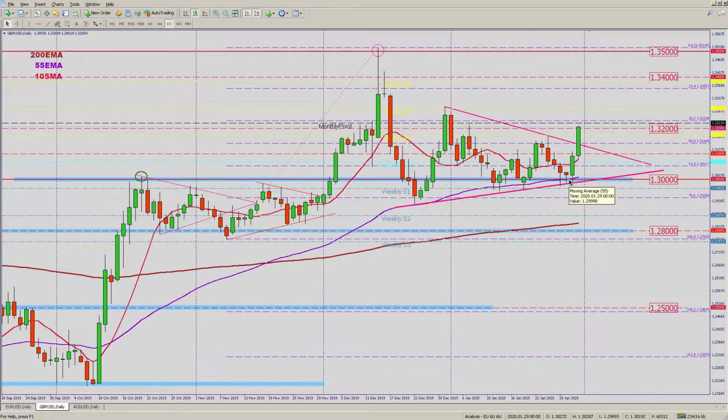So that means they're still willing to hold and wait and see. So this gave a minor boost to the cable and sterling pairs, and this continued on the Friday.